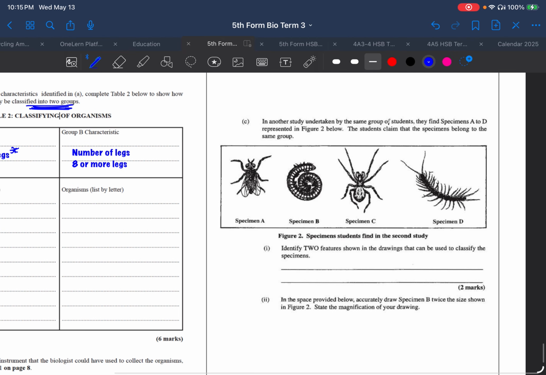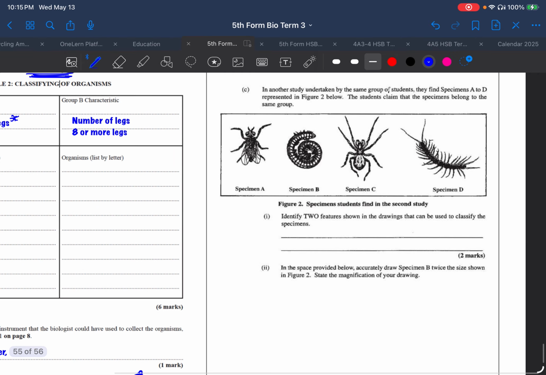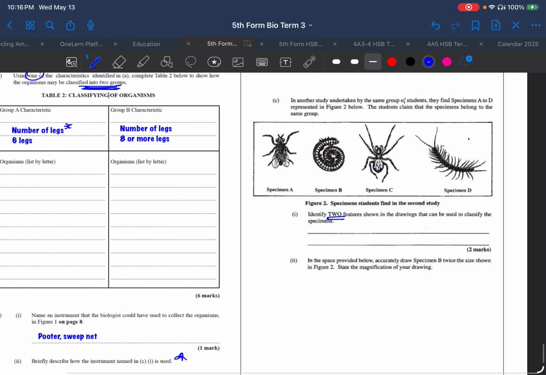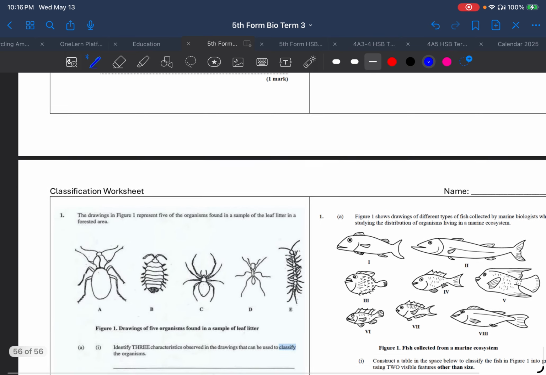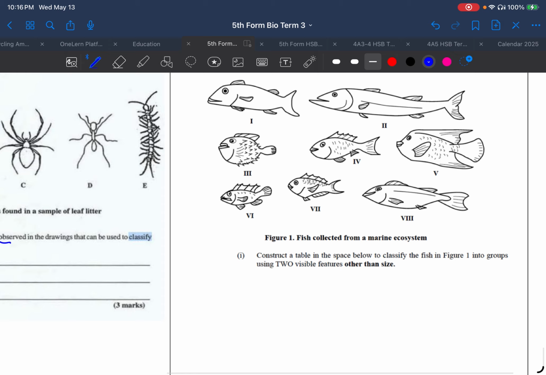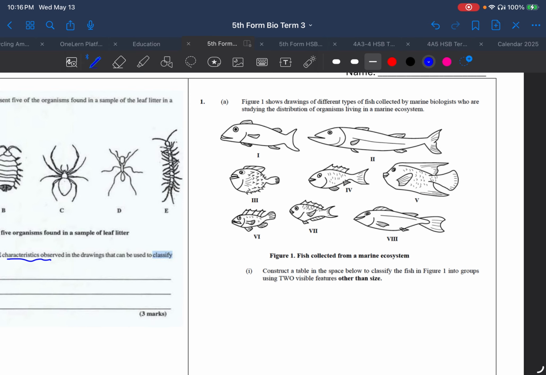Then, in another study, students found specimens, and again, it's asking you to identify 2 features. So again, you could do number of legs, you could do number of body segments, you could do presence of wings. So you see how the concept basically repeats itself. 3 characteristics again. And then here again, 2 visible features other than size.